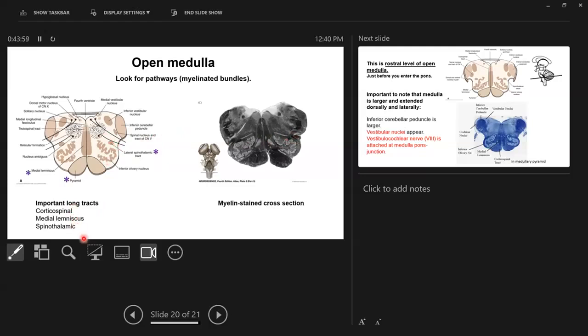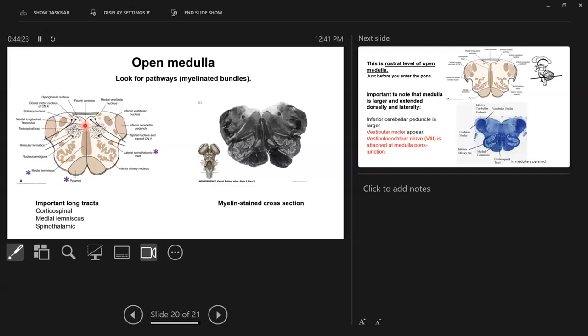In addition to these long tracts, for the first time ever, I'm also pointing to a new tract for us, the medial longitudinal fasciculus, or MLF, medial longitudinal fasciculus up here, a paired fiber bundle.